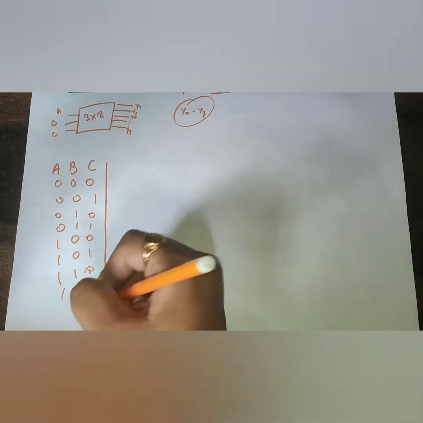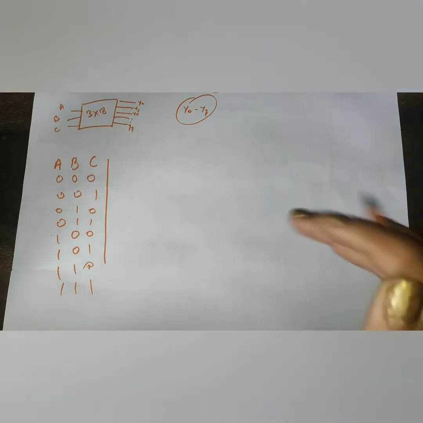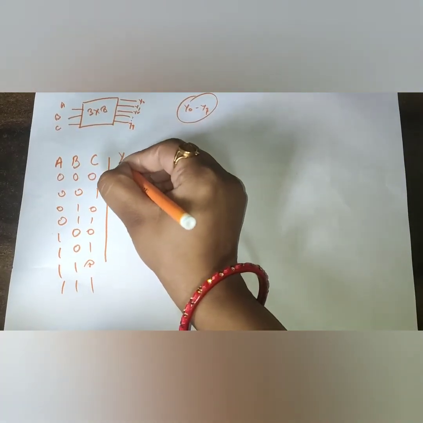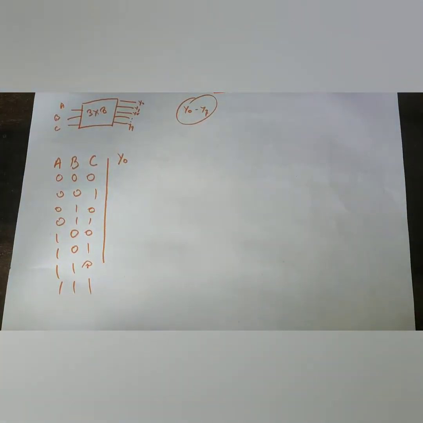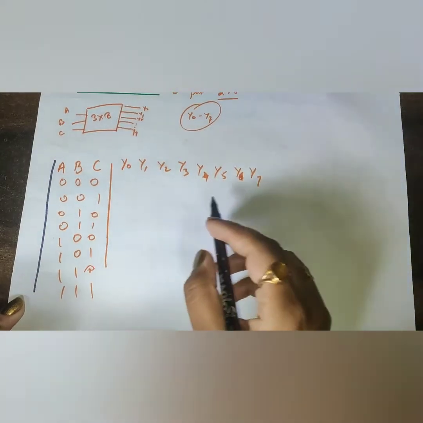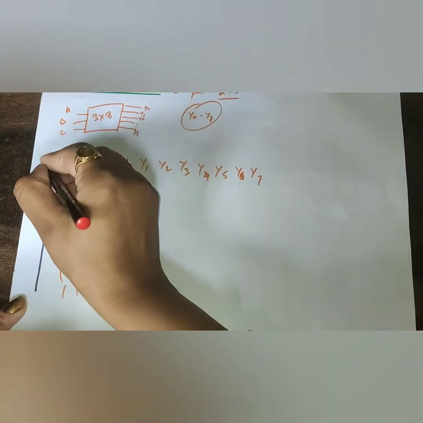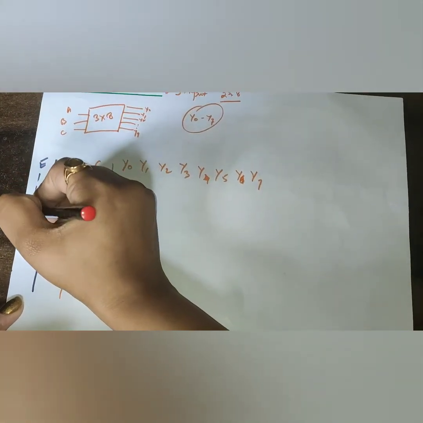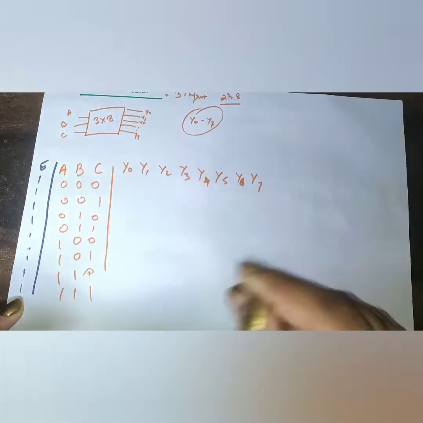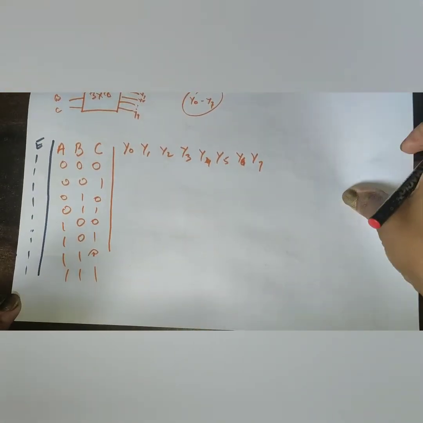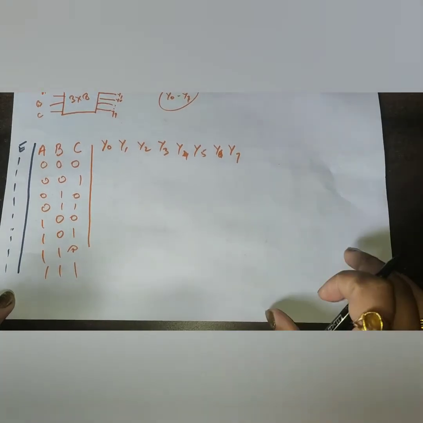There are 8 possible conditions, and the outputs will be y0 to y7, and the enable signal should be 1 in all conditions. If the enable signal is 0, we are not able to get the output.